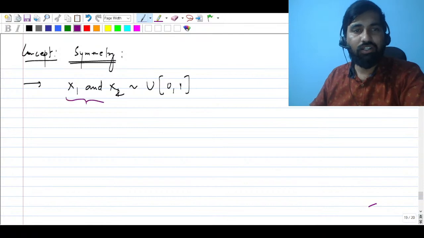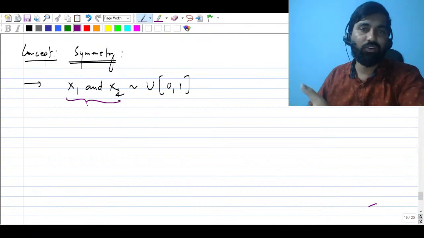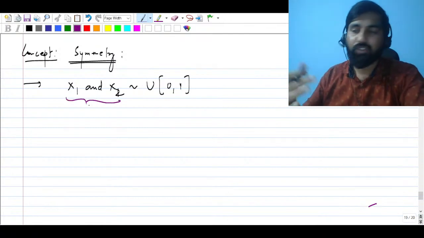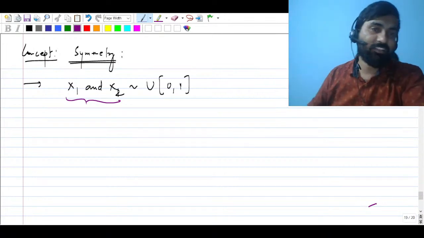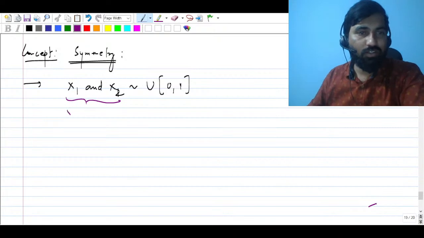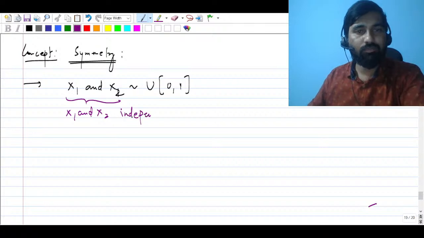Or you call it x1 and x2 are an IID process. You can say they are identical and they are independent as well.